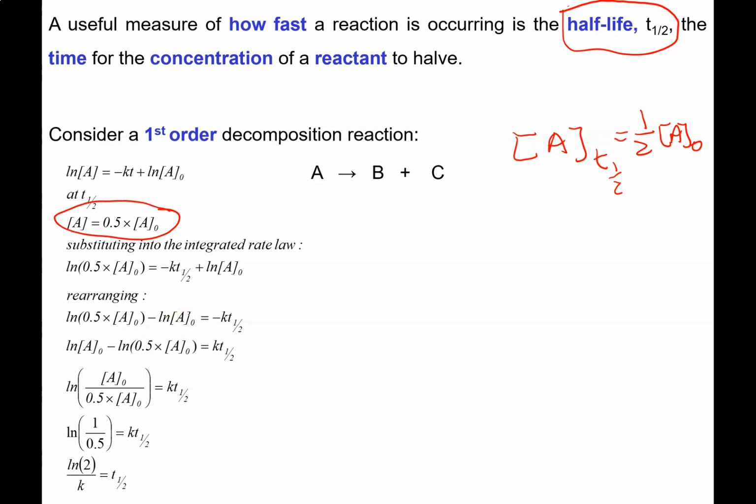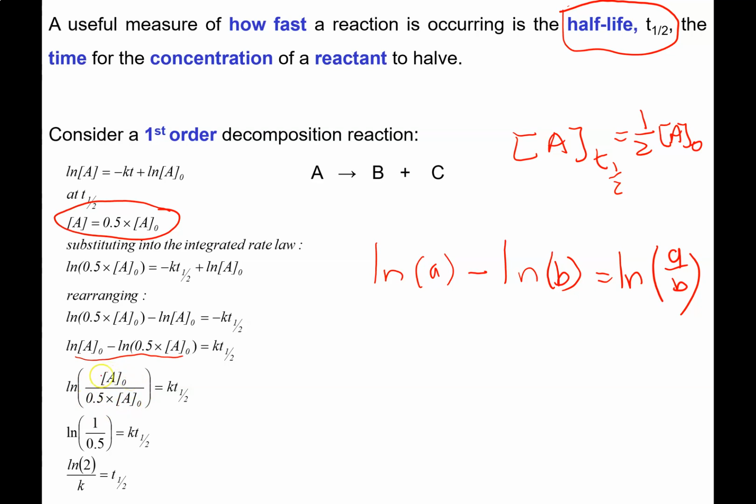I just want to point out now that there's a log rule that we're going to use, and it says the log of A minus the log of B is equal to the log of A on B. So we're going to apply that at this point. So this term in here becomes the natural logarithm of the original concentration divided by 1/2 of the original concentration.